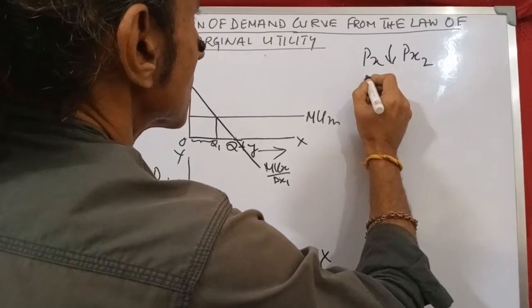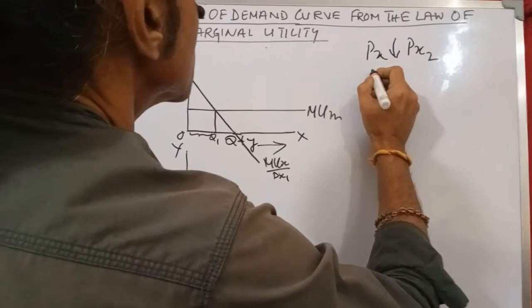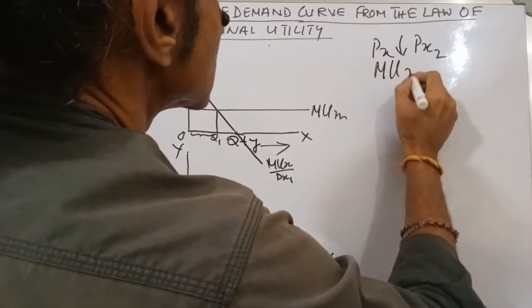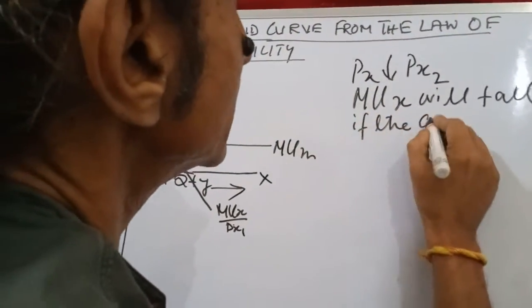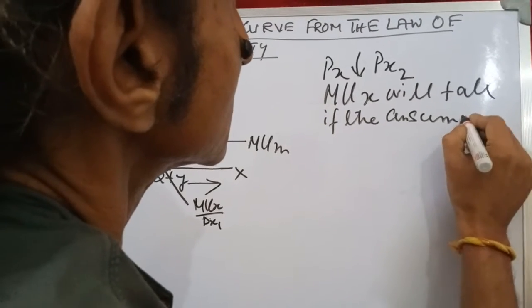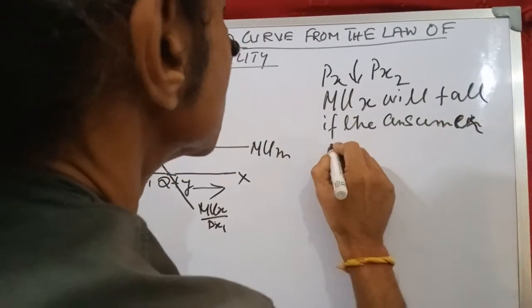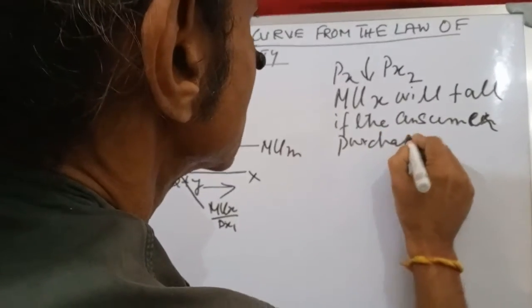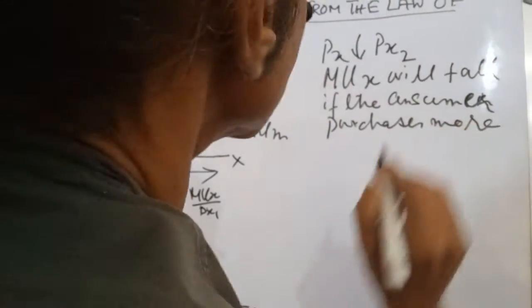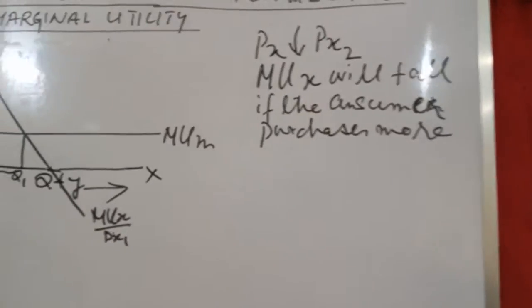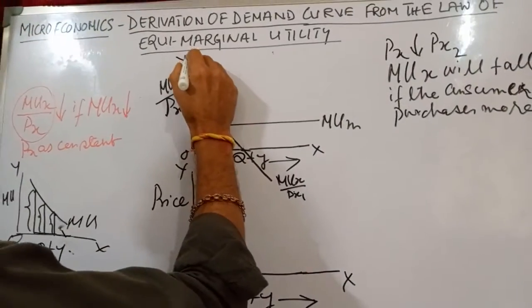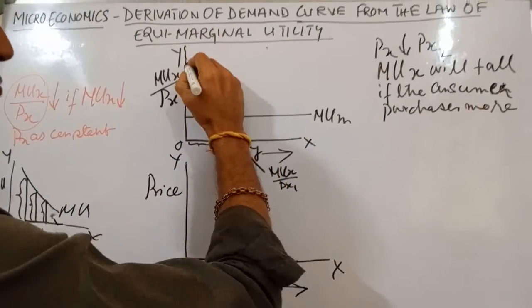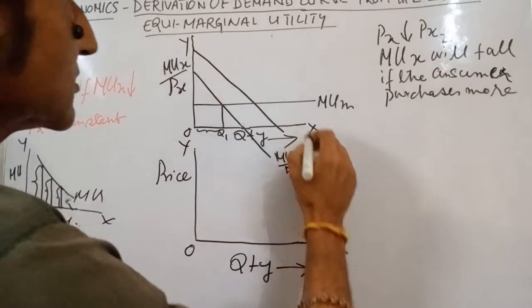So MUx will fall if the consumer purchases more. So the new price line, the new MUx by Px line will be like this.